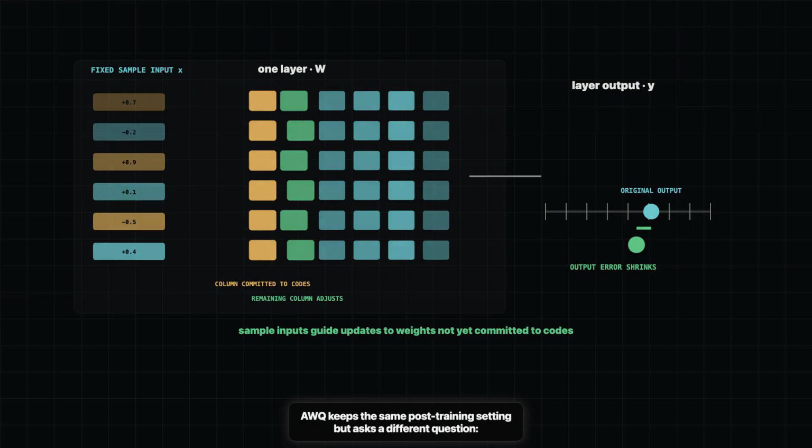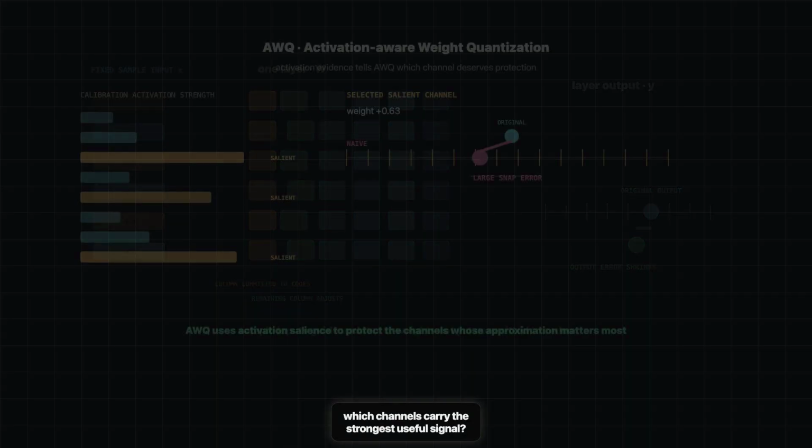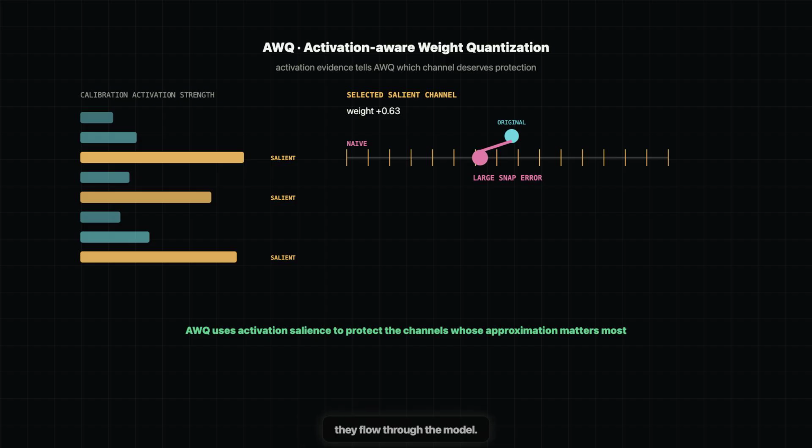AWQ keeps the same post-training setting but asks a different question: which channels carry the strongest useful signal? AWQ stands for Activation Aware Weight Quantization. It uses a different signal: activations produced by sample inputs as they flow through the model. Some channels consistently light up much more strongly.